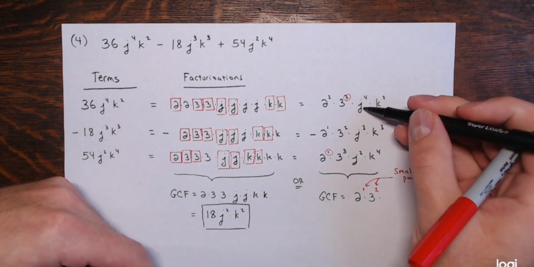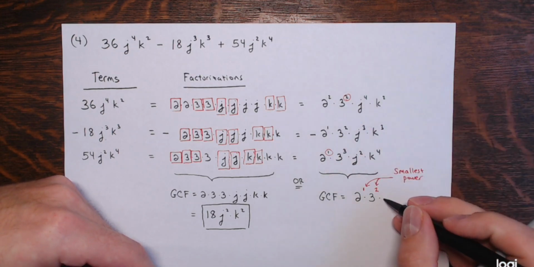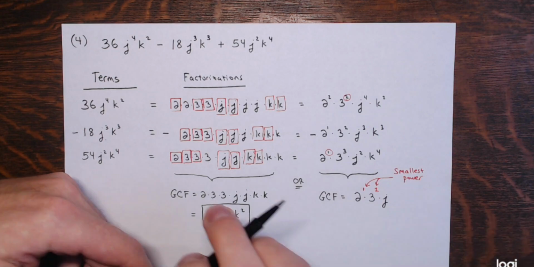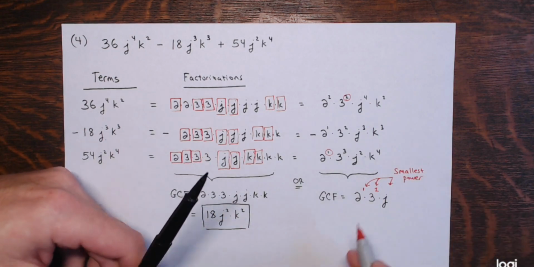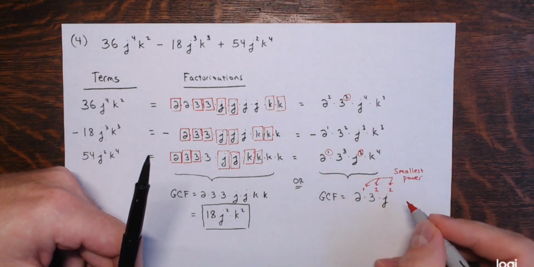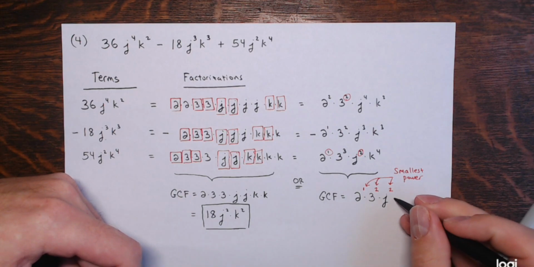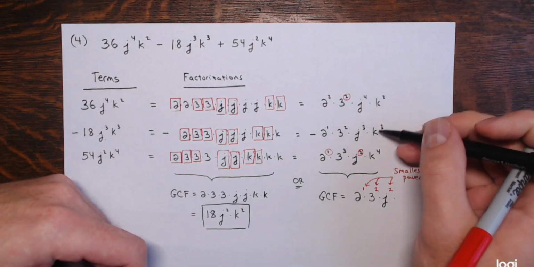Every single one of these terms has j to a power in its factorization. So the greatest common factor is going to have j to a power. Right, and again, it's going to be j to the smallest power of j. 4, 3, 2, that's 2. So squared. And finally, every single factorization of the terms has a k to a power.